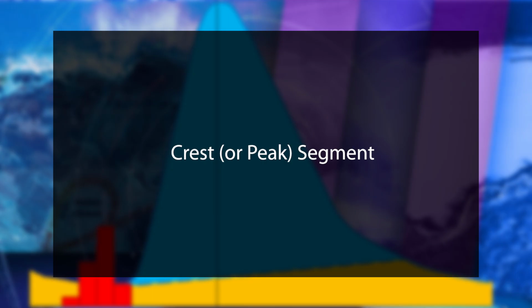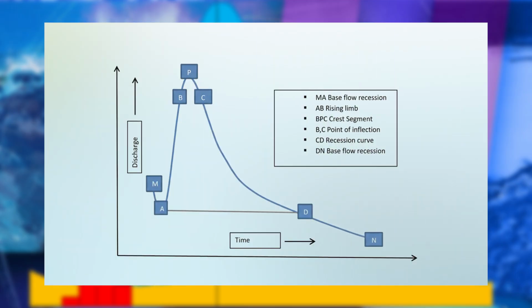Crest or peak segment. The crest marks the maximum discharge during the flood event, appearing as a smooth apex or plateau on the hydrograph. This segment is critical in the hydrograph for identifying peak flows, which occur when runoff contribution from the entire watershed converges at the gauging point with maximum intensity.